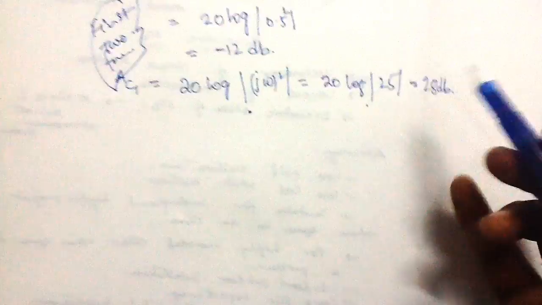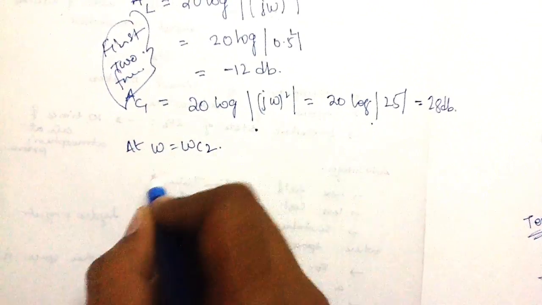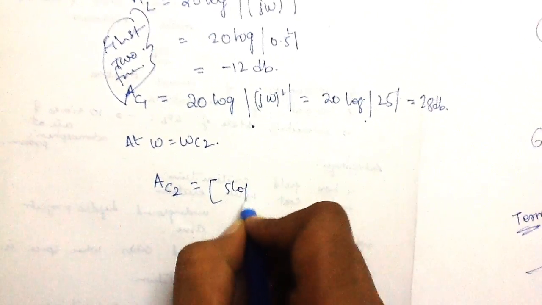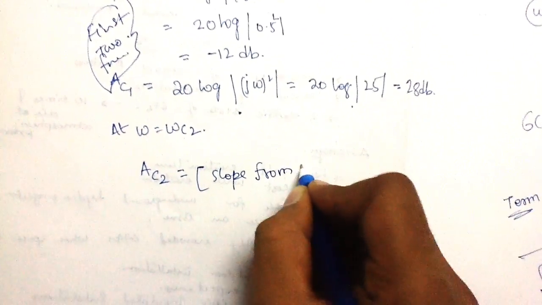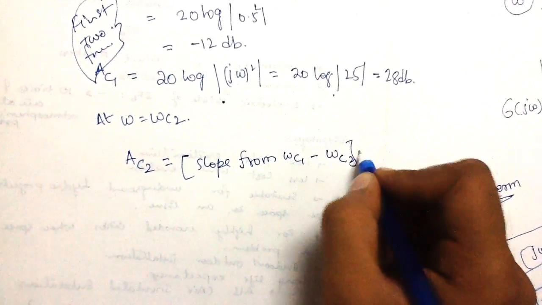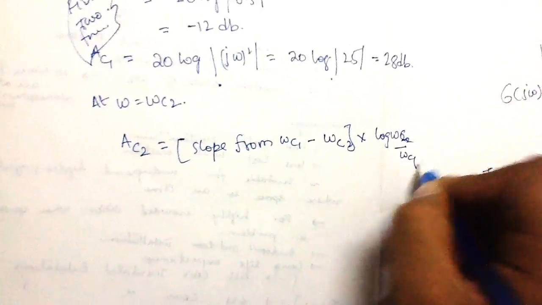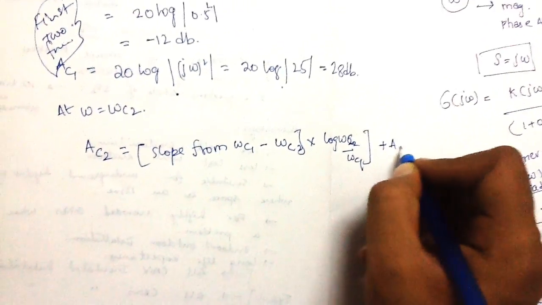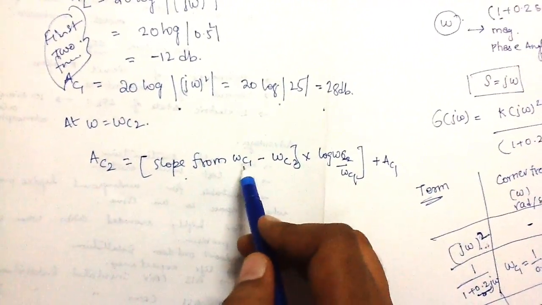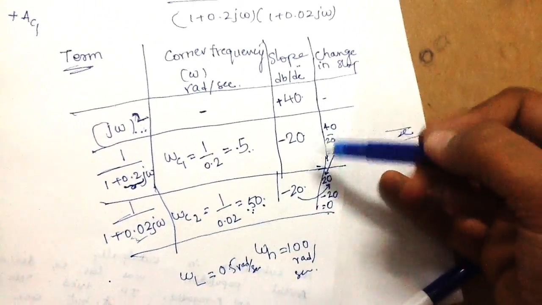For the next ones, you have a formula: at omega is equal to omega C2, you have AC2 is equal to slope from omega C1 to omega C2 into log omega C2 by omega C1 plus magnitude at C1, which is 28.